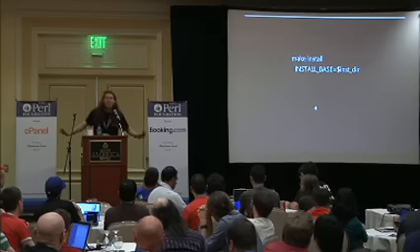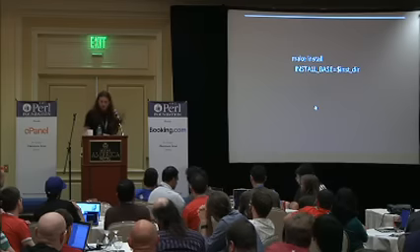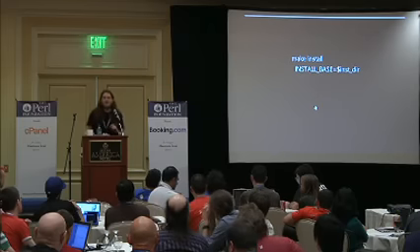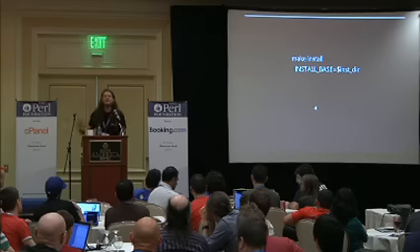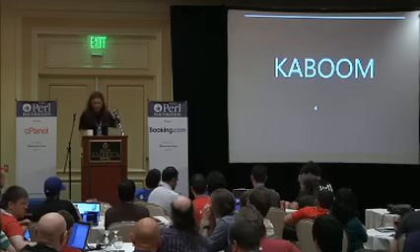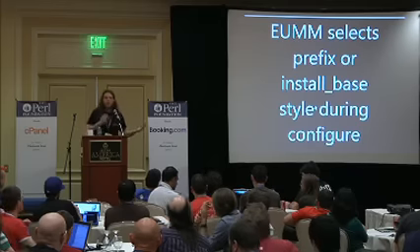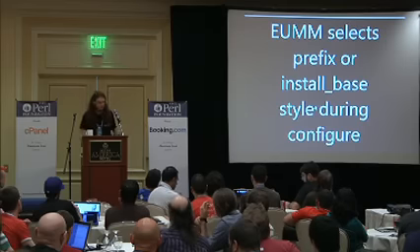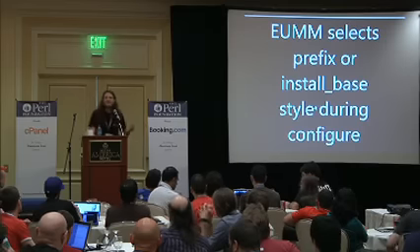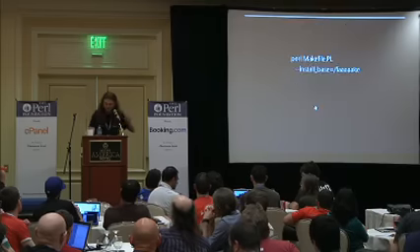However, you try and do that with MakeMaker. Oh yeah, I broke everything doing this. So you do make install INSTALL_BASE=, and MakeMaker proceeds to install something completely random and fail, because MakeMaker selects the old school prefix style or the modern install base style at configure time and writes out a makefile specialized to that approach.